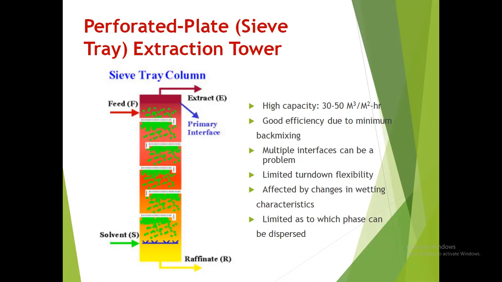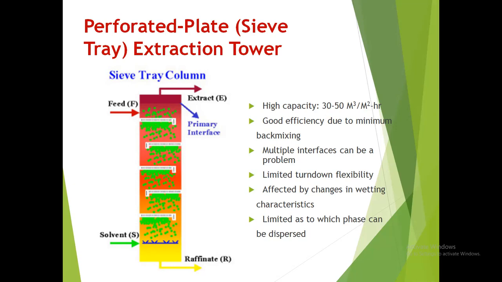Now, limited as to which phase can be dispersed. So as per design, normally, what is dispersed is the solvent and the feed is the continuous. So if in a particular sieve tray extraction tower your solvent is the dispersed phase, it cannot be the other way around, because if you notice in a previous problem that we have discussed, there was a question of what if you interchange the phases.